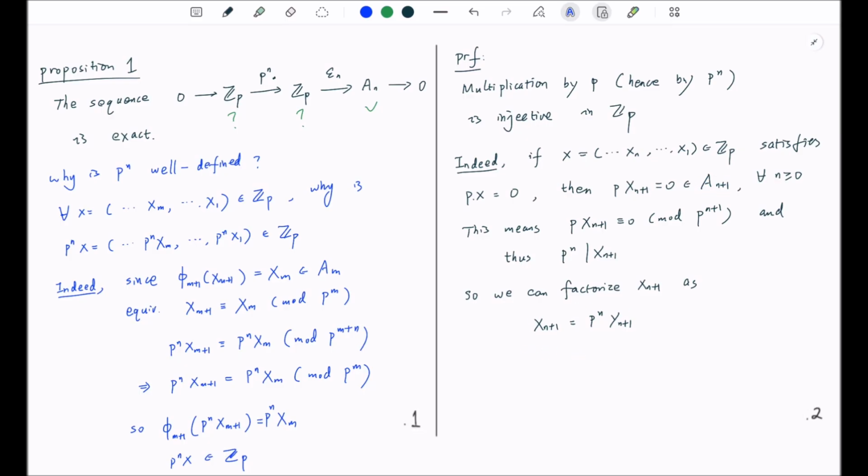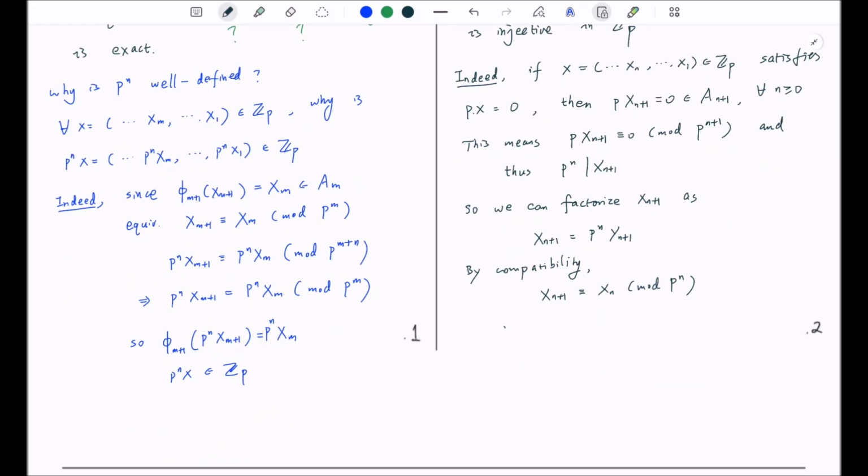Now we're going to use the compatibility. By compatibility, we have x_(n+1) is congruent to x_n modulo p^n. But x_(n+1) can be written as p^n times y_(n+1). So x_n is congruent to p^n y_(n+1) modulo p^n.